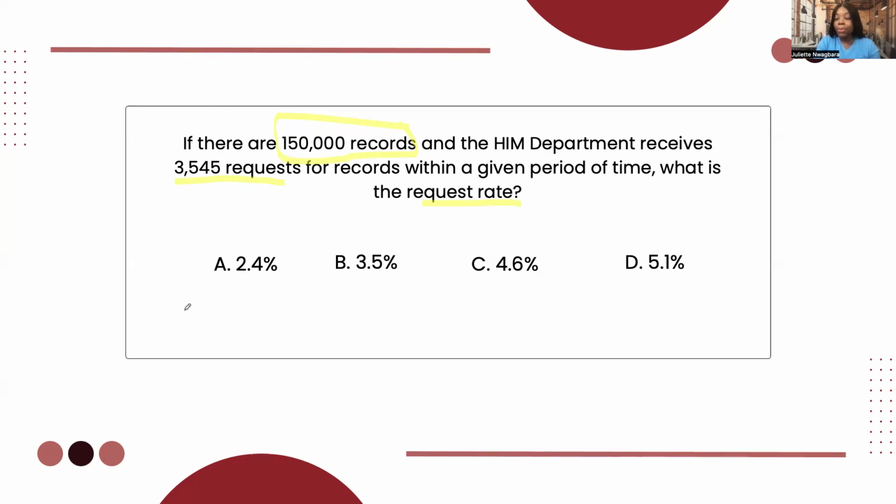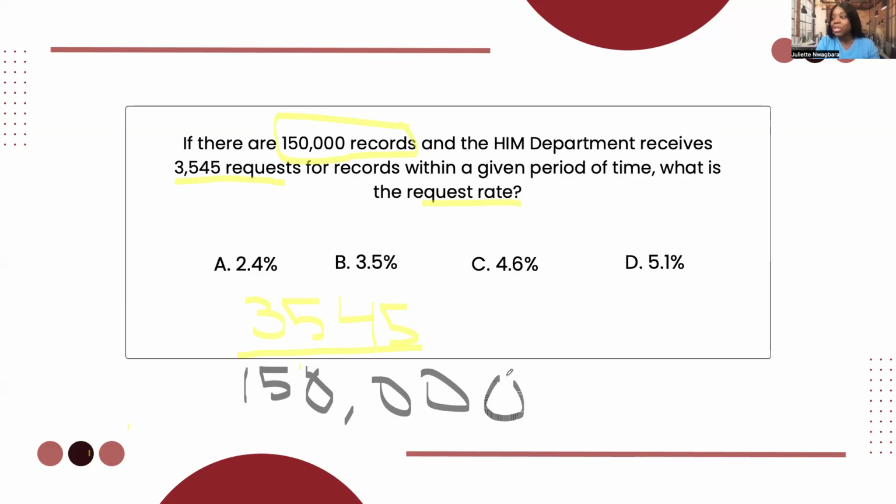So we have 3,545, and we're going to make that our numerator, and we are going to divide that by the total number of records, which is 150,000. So this is the equation.